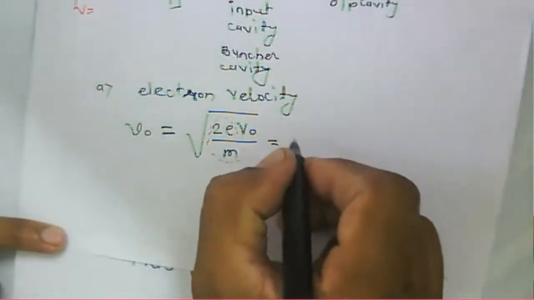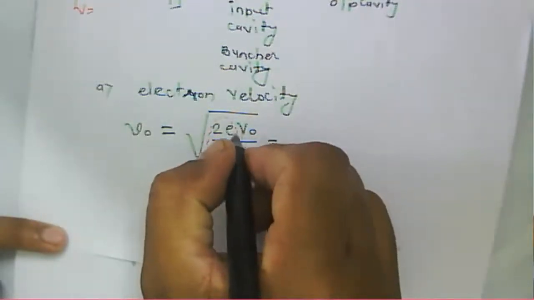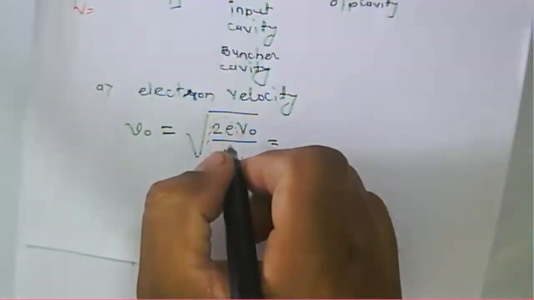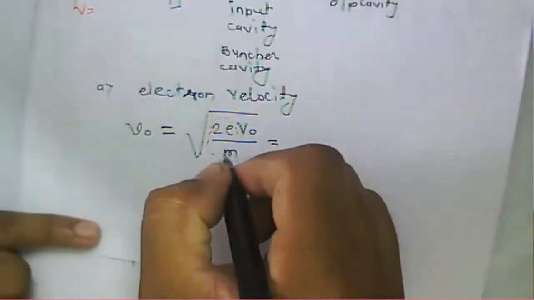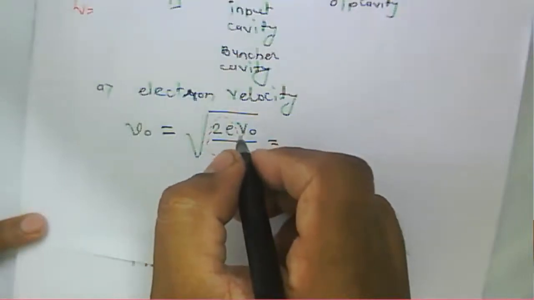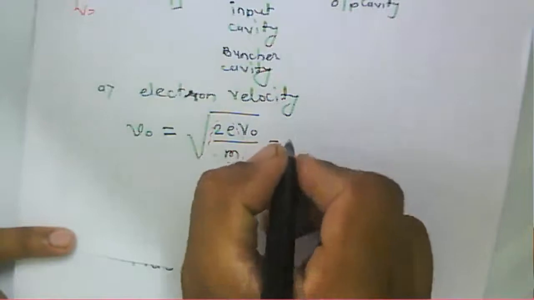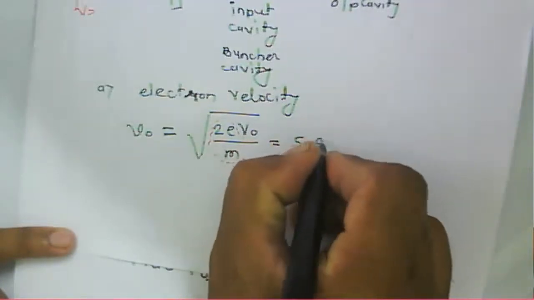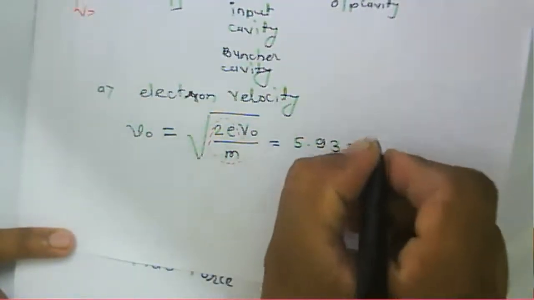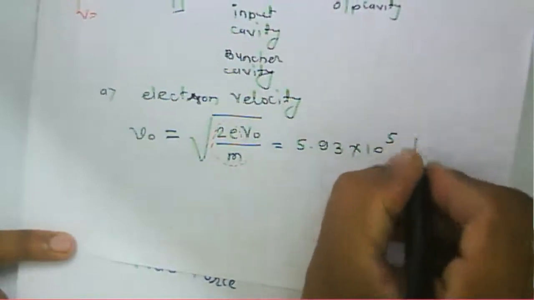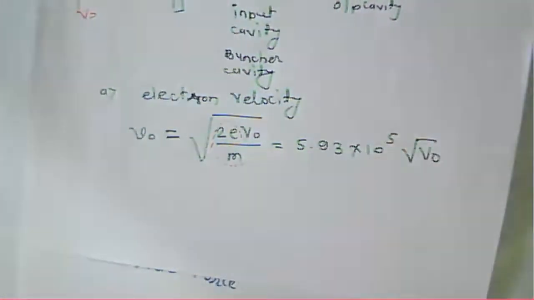If you solve these values, e is the electron charge and m is the mass of the electron. If you put in the values of the electron charge and mass, we get 5.93 times 10 to the power 5 times the square root of V0. That is the value we get after solving.